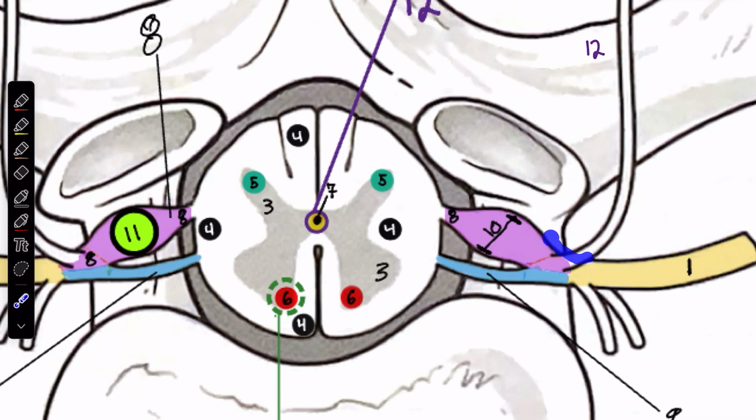Or if you want to think about it as if somebody kicked you in the butt, you're going to feel it. Okay? Afferent. That information is going to come in, and then it's going to come back out for what your body's going to do and react with. So number nine is your efferent. It's exiting. Okay?